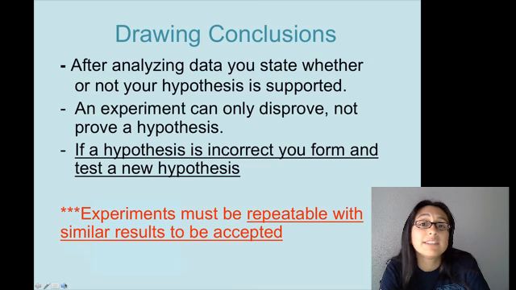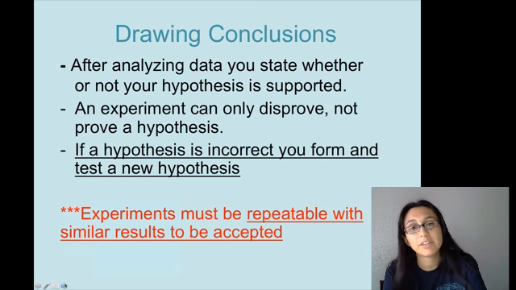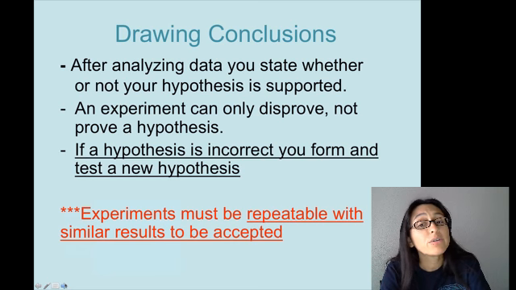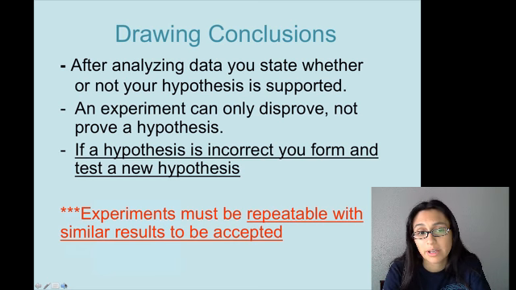All right, finally, step 6, drawing conclusions. So after you have done every other step, steps 1 through 5, you're going to take a look at everything and state whether your hypothesis is supported or rejected. Not right or wrong, supported or rejected. Okay.